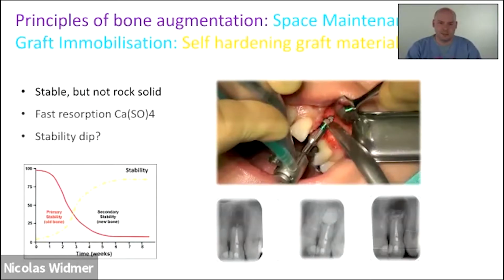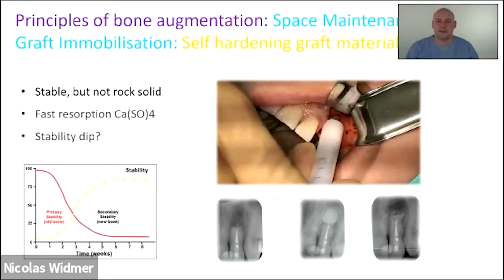This is because the calcium sulfate is resorbing fast. And even if the EthOss is very stable when we place it, it's maybe possible that after 2-3 weeks we do not yet have very good bone regeneration, and we have maybe a stability dip. Similarly, we have it when placing implants.